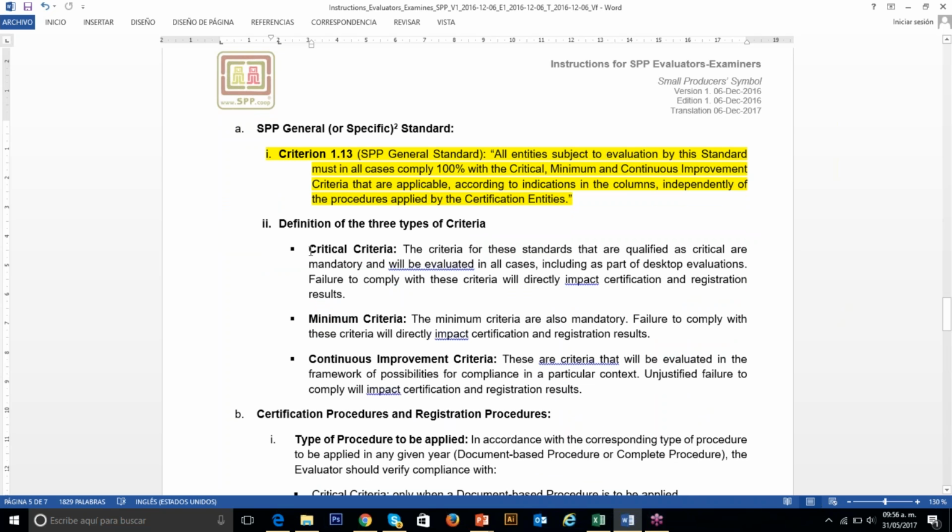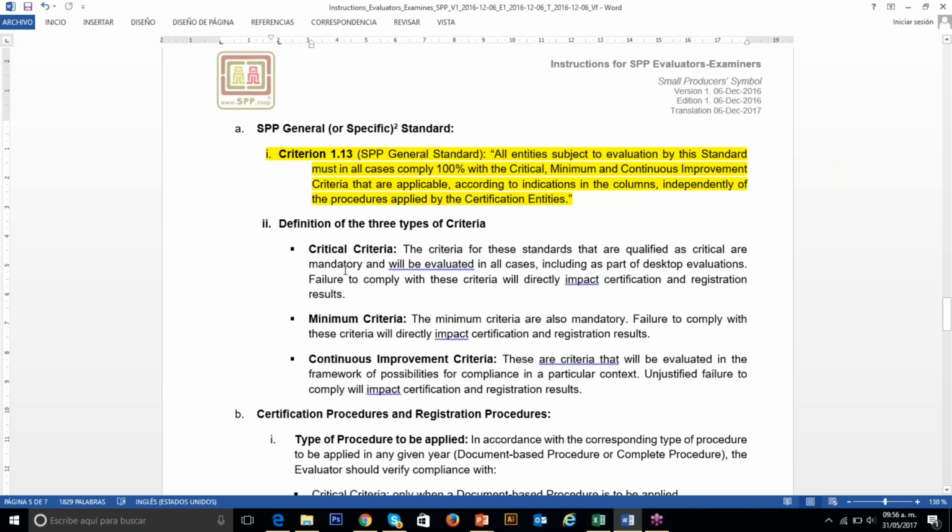Critical criteria: the criteria for these standards that are qualified as critical are mandatory and will be evaluated in all cases, including as part of the SOC evaluations. Failure to comply with these criteria will directly impact certification and registration results.